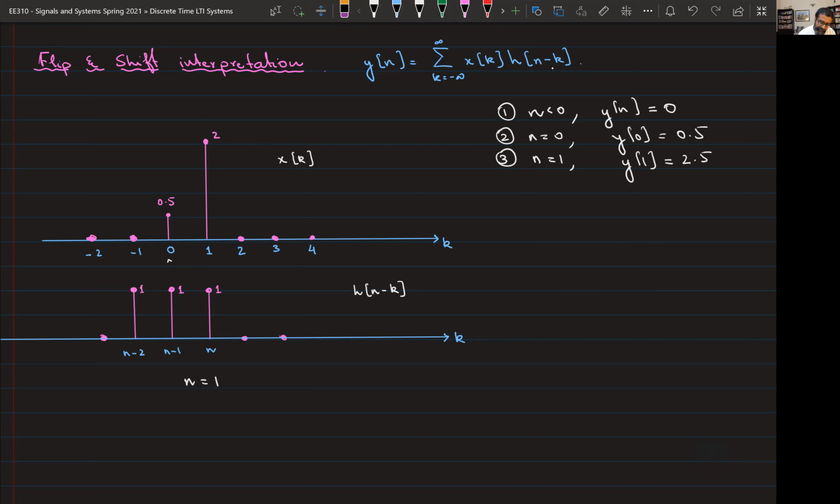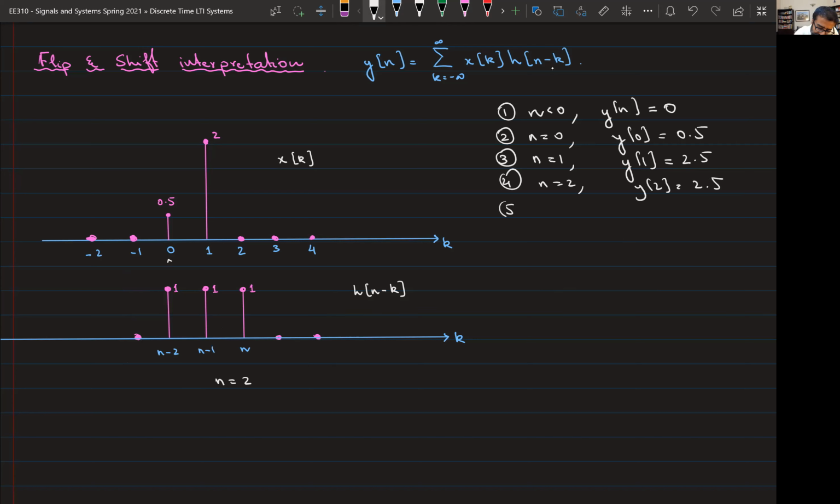Right? Then what? Let's do n equals 2. At n equals 2, I just take the entire thing and then shift by 1. So this corresponds to n equals 2, right? So once again the summation is going to turn out to be 2.5.